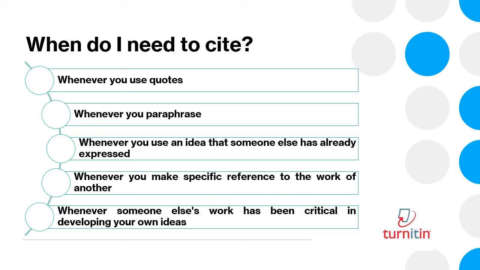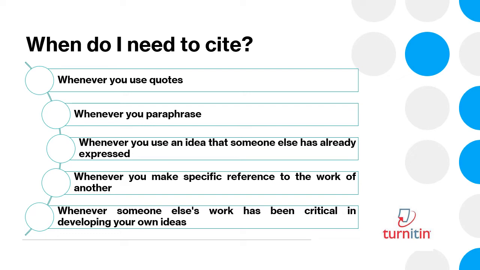When do I need to cite? Whenever you use a quote, you are required to cite. Whenever you paraphrase, you have read certain ideas from the past literature and you are reusing them within your research by paraphrasing, then also you require citation. Whenever you use an idea that someone else has already expressed, you require to cite it.